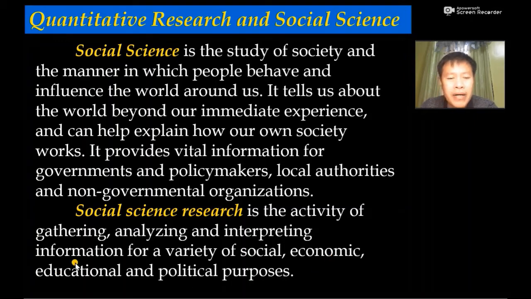You can have a social study regarding the educational qualifications of teachers in both private and public schools. And you can do social science research that pertains to the political agenda or purposes of politicians. Therefore, social science research is very broad.